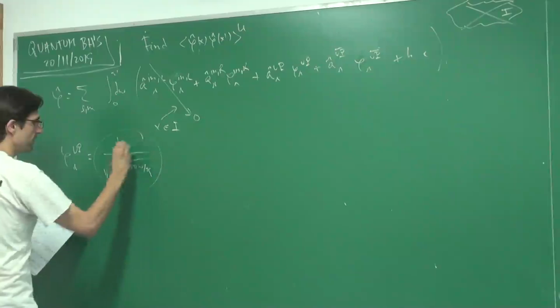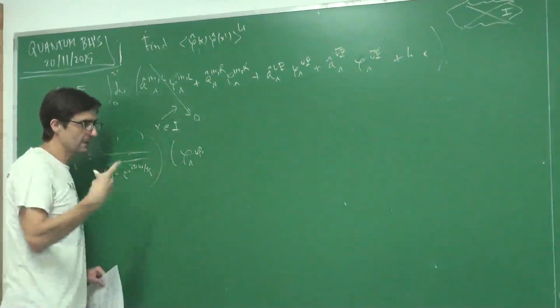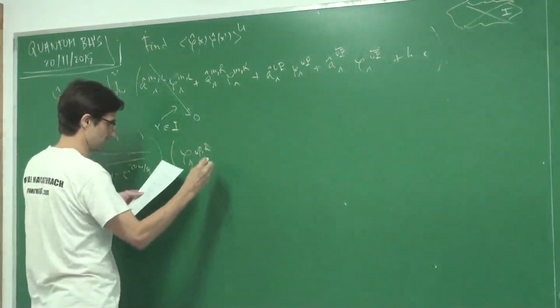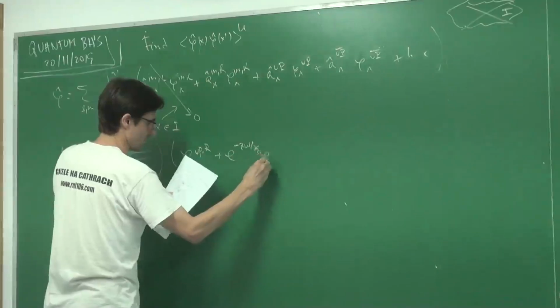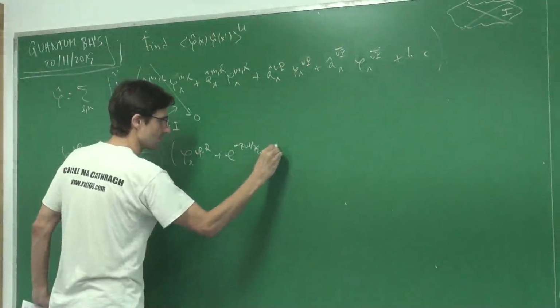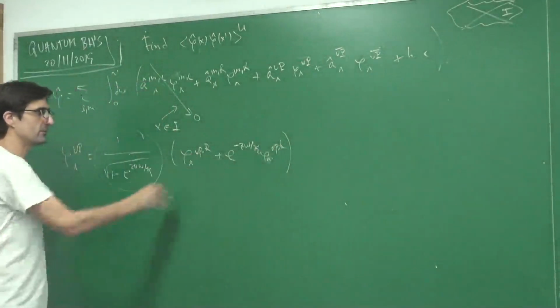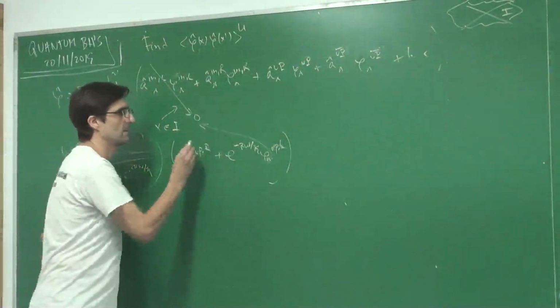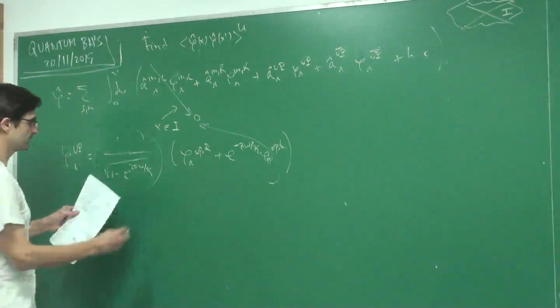You can rewrite this, and this is little up, and these are the left and the right ones. Again, the left is equal to 0 when you're in the right.